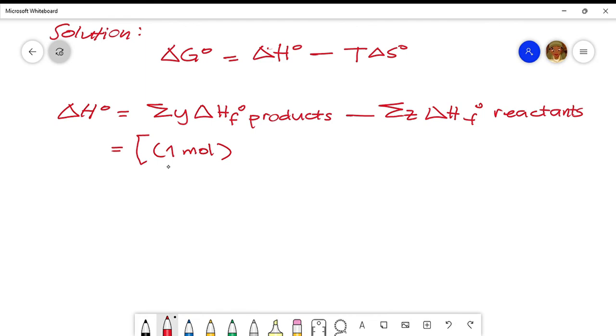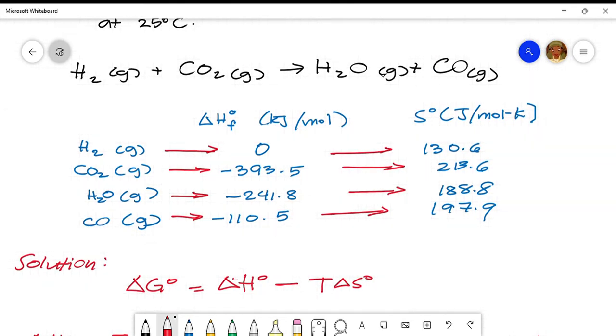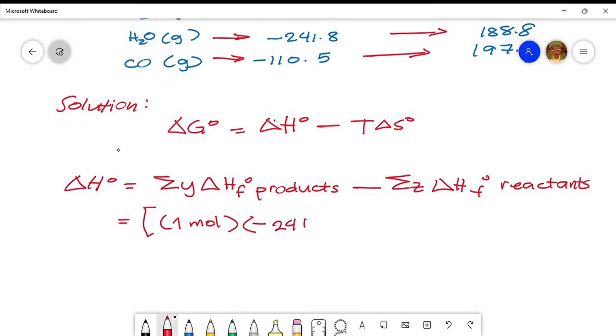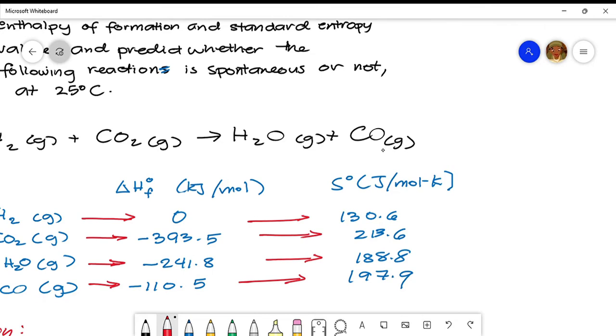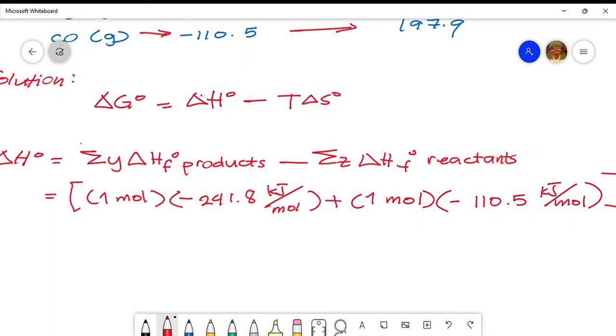Let's first start with H2O. 1 mole of H2O times its standard enthalpy change, negative 241.8 kilojoule per mole, plus the second component in the product, CO. We have also 1 mole of that. 1 mole of CO times its standard enthalpy change of formation, negative 110.5 kilojoule per mole. Square bracket. So we are done with the product side.